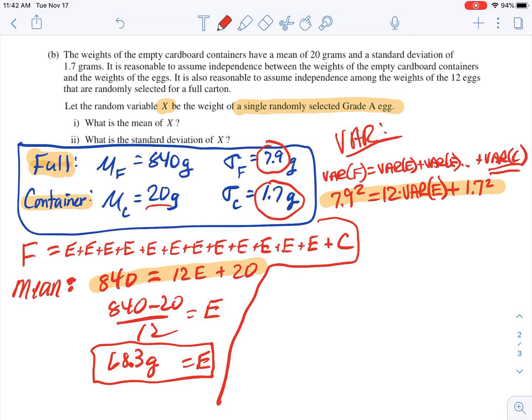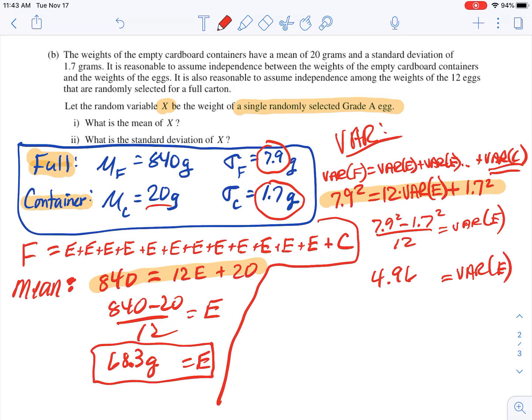And now we just do a little algebra solving. So 7.9 squared minus 1.7 squared, divided by 12, should give us the variance for 1 egg. If you do that carefully, you should get 4.96, I believe. 4.96 is the variance for 1 egg.